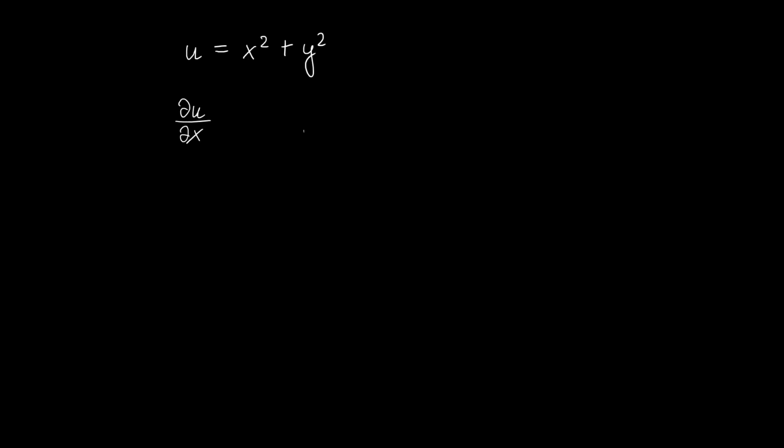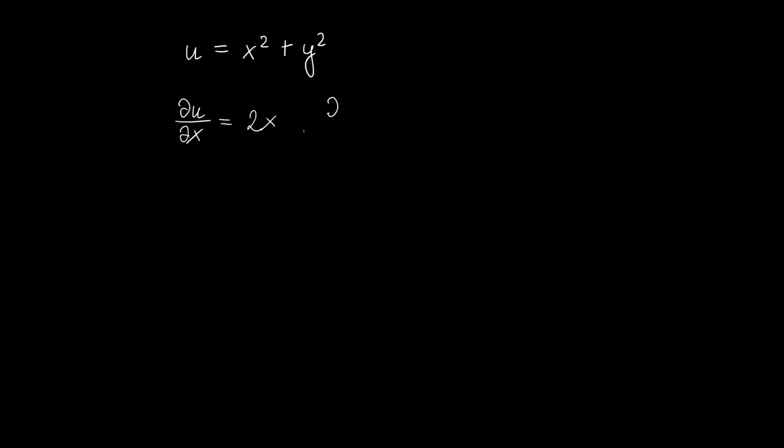So derivative of u with respect to x is 2x, because this is derivative of x squared, and when we calculate derivative with respect to one variable, all others are treated as constant. So the derivative of constant is 0. So that's why derivative of u with respect to x is 2x.